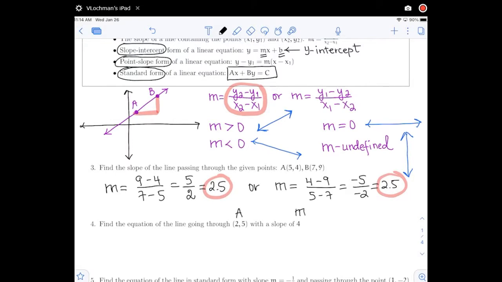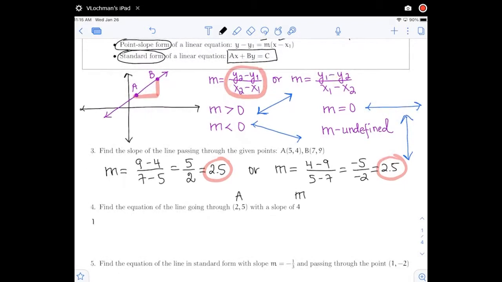That's point-slope, the second form. So y minus the y-coordinate, 5, is equal to 4, my slope, times x minus 2. That is my setup.